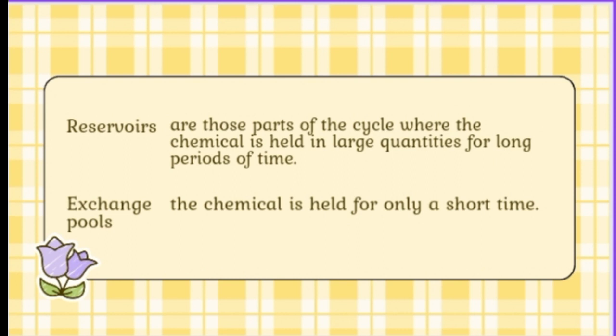In exchange pools, on the other hand, the chemical is held for only a short length of time. The time a chemical is held in an exchange pool is termed the residence time. The oceans are a reservoir for water, while a cloud is an exchange pool.